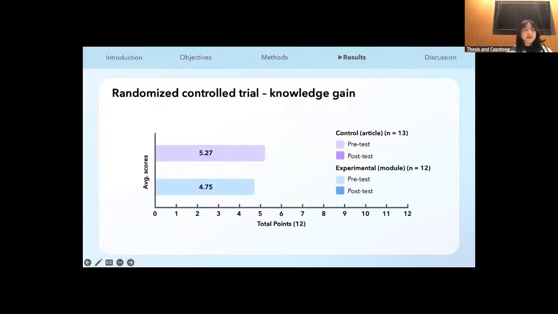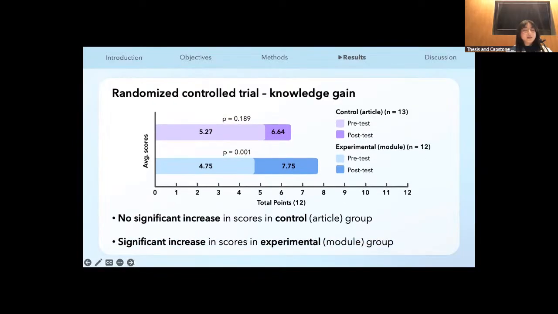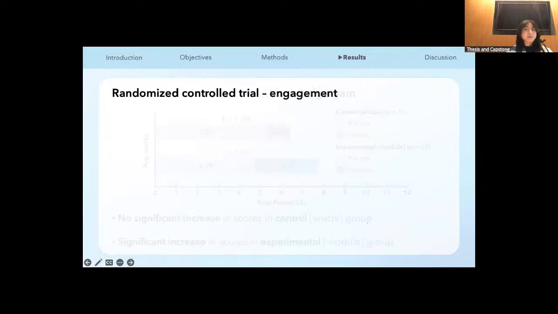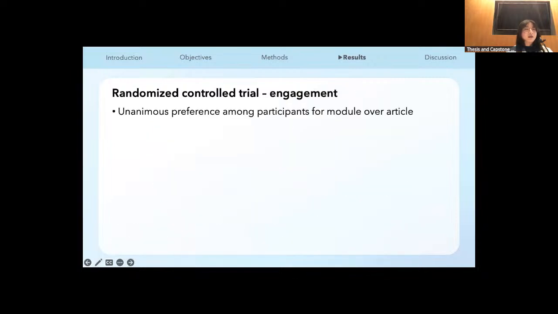As for the results of the randomized controlled trial, both groups scored about the same on the pretest, and both groups experienced an increase in post-test scores. However, there was not a significant increase in scores for the control or article group, whereas there was a significant increase in scores in the experimental or module group. On the engagement survey, all participants expressed a preference for the module over the article.